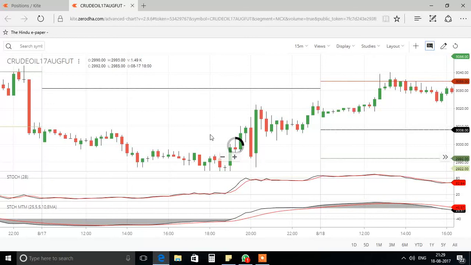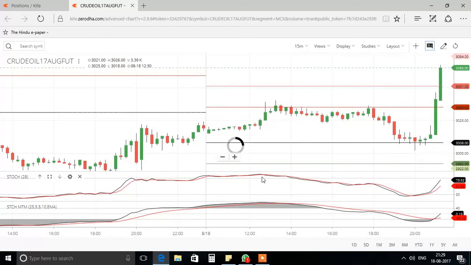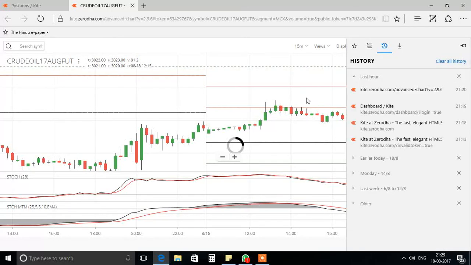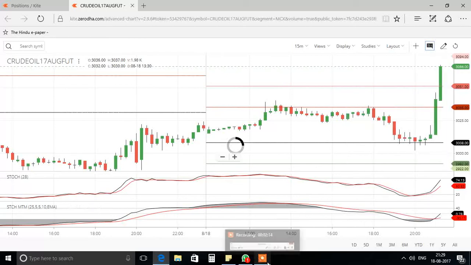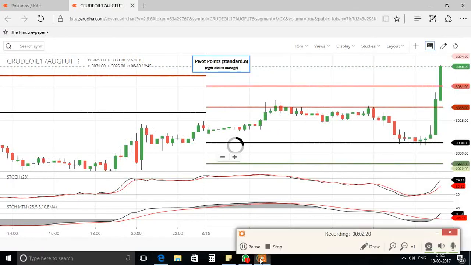Now when I look at this chart, whenever the stochastics is at 80, I've set it to sell. One second, let me pull out the toolbar. Where is the toolbar?